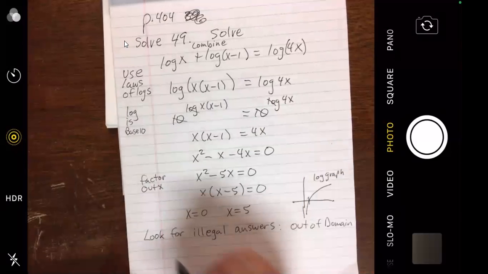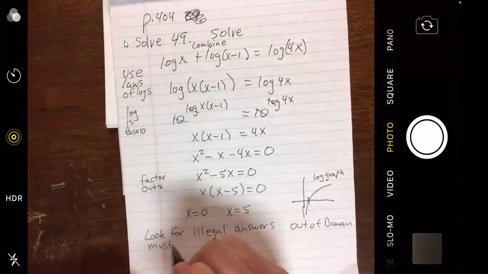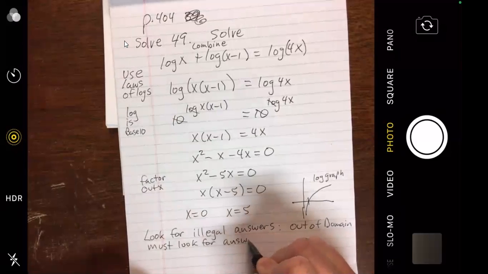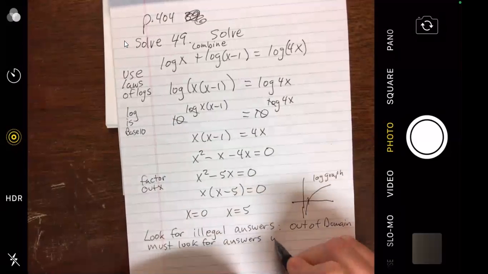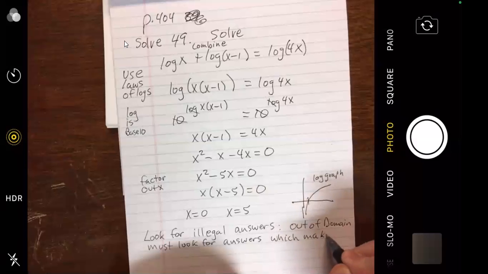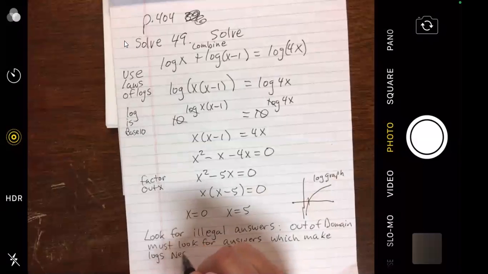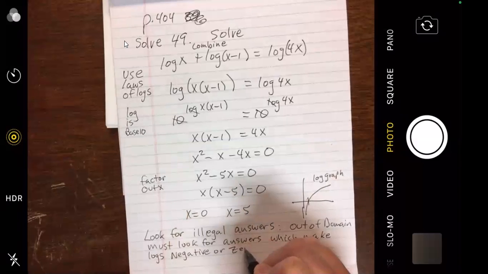You must look for answers which make logs negative or 0.